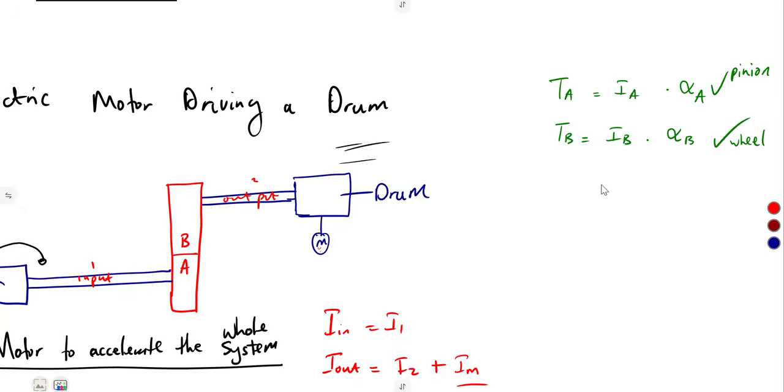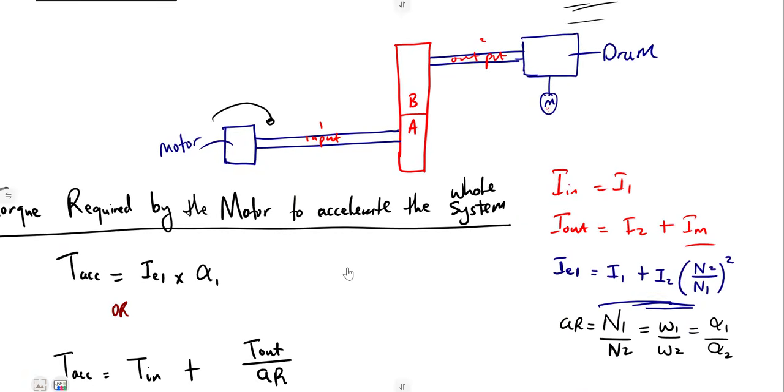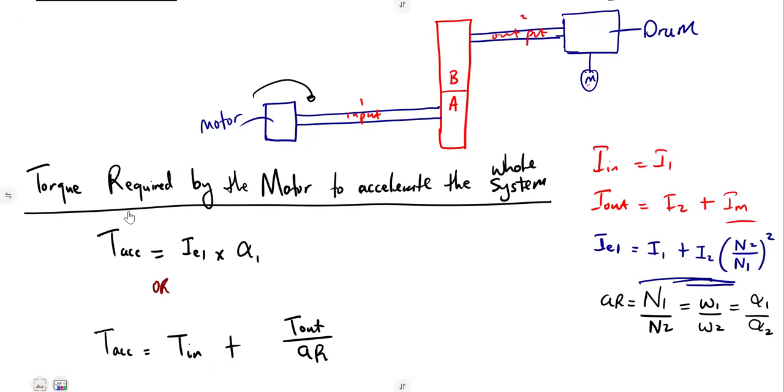All right. The input torque to be applied to the driver or the pinion to accelerate the hoisting drum is different to what we had earlier. It was the torque required by the motor to accelerate the whole system.